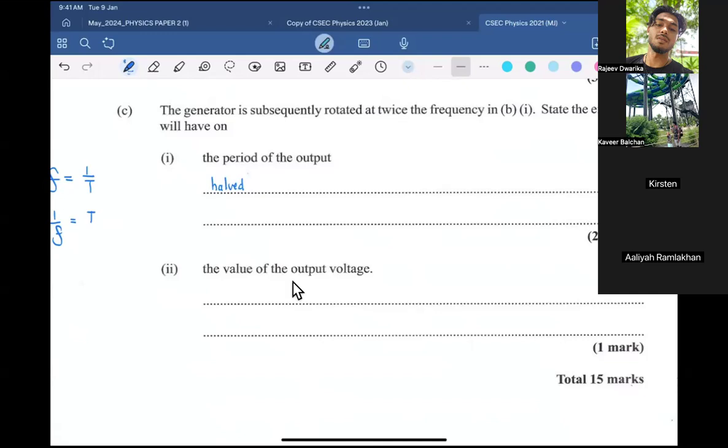You're going at a higher frequency, but is the voltage changing? It is still charging the battery at 12 volts, because the frequency doesn't affect the output voltage. So no change. That's why they put one mark.